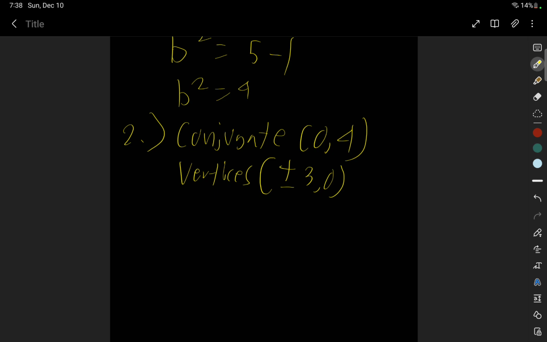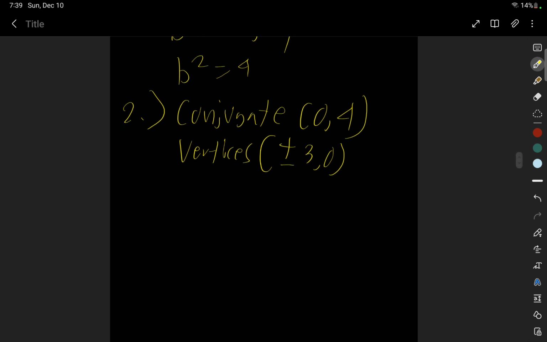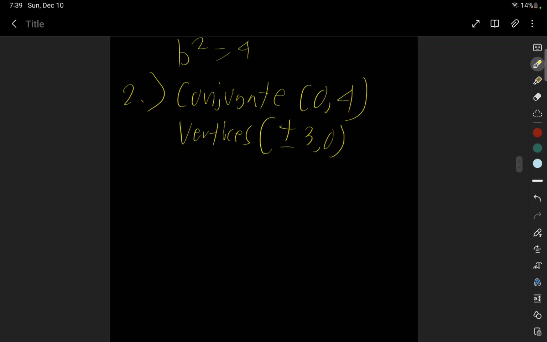Pag ganito po, mag-base tayo lagi sa vertices or sa foci. Because the conjugate axis is the opposite. Kung nasa x si vertices and foci, siya nasa y. Pero pag si vertices ay nasa y, then si conjugate nasa x. Kasi the rule, the vertices and foci lie on the same axis, meanwhile the conjugate axis lies on the opposite axis. Okay?